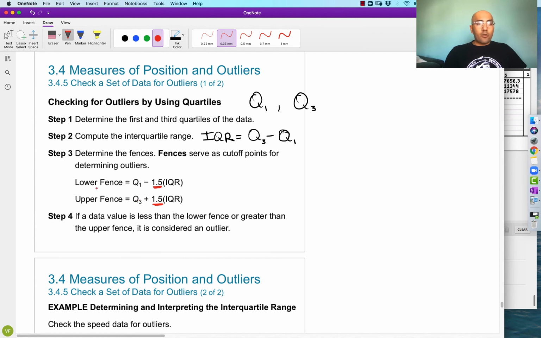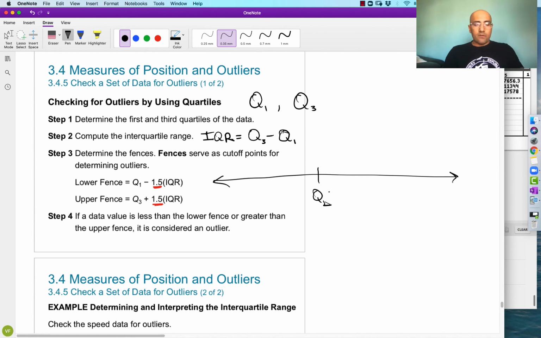That makes up our lower fence and our upper fence. These are boundary points, such that if we find a data point in our set that is to the right of the upper fence, or to the left of the lower fence, then we consider those to be outliers.